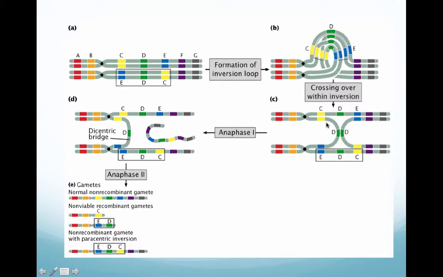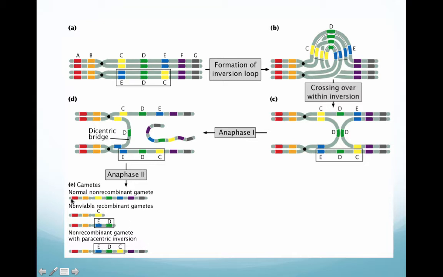That's going to result in a dicentric bridge and a portion of the chromosome that's going to be lost because it doesn't have a centromere. And then during anaphase 1, the chromosomes are not able to separate from one another without breaking a chromosome. So that really leaves us with 4 gametes in this example.